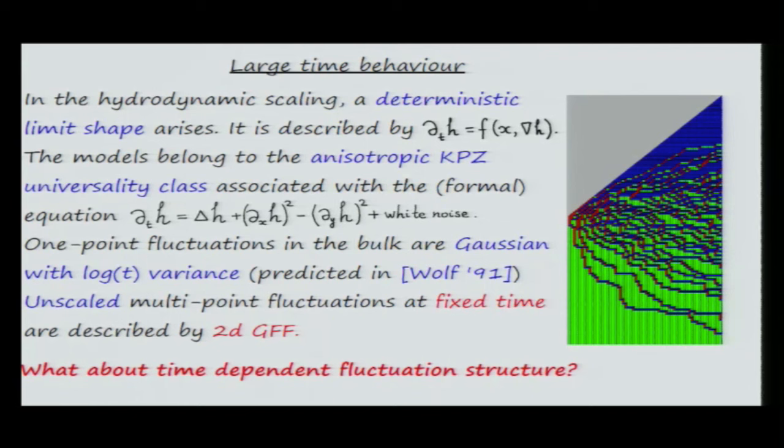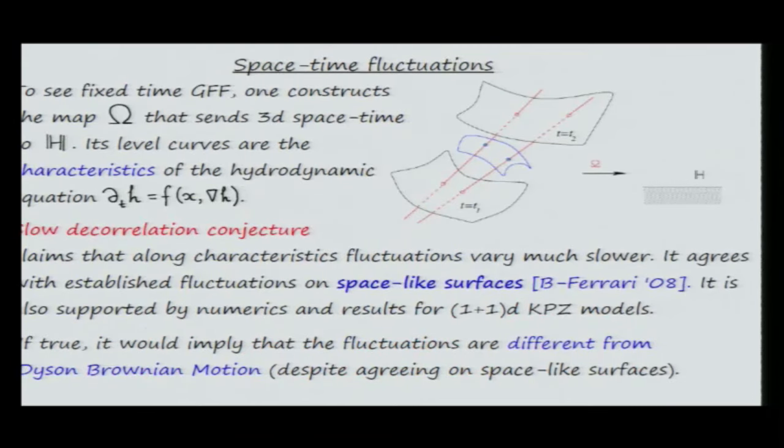The big question, to me at the moment, is what will be the time-dependent fluctuation structure? So here, only partial results are known, but let me tell you what I think is happening. And it's confirmed by certain numerical simulations anyway. What is happening is that the fluctuation field, the three-dimensional fluctuation field, essentially is described by a two-dimensional one.